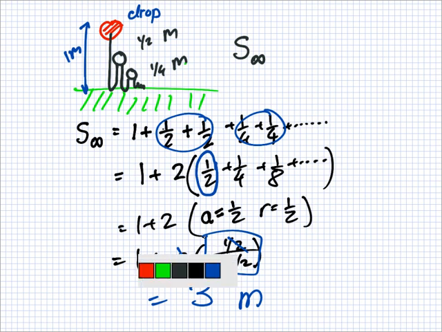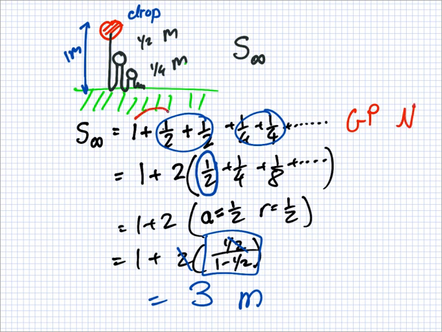Question. Is this series geometric? Yes or no? No, it's not, because what do you multiply here? A half, and here 1, and here a half, and here 1. It's not geometric. However, each of these are doubled. There's 2 of them.